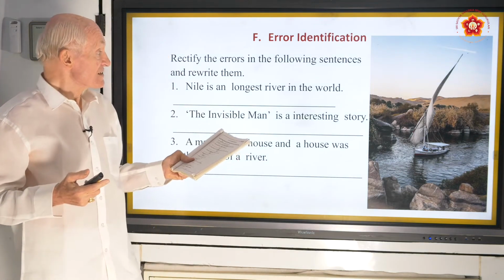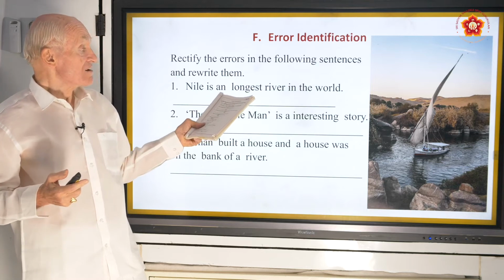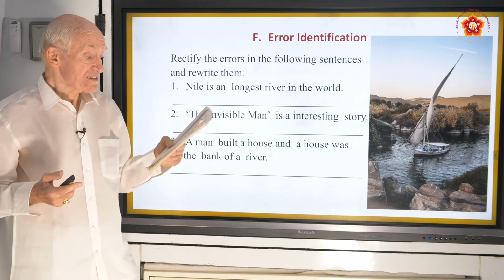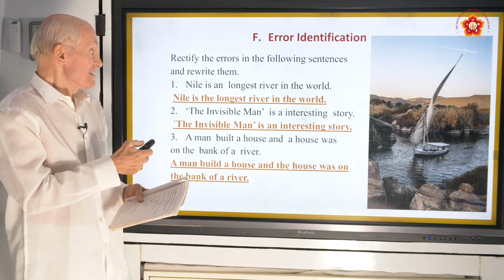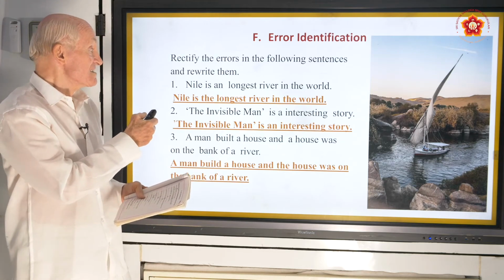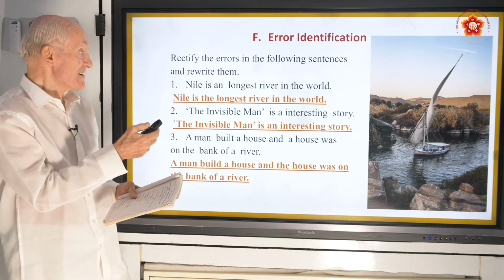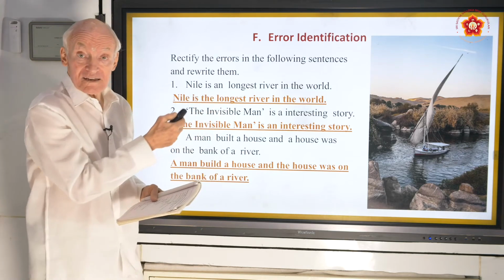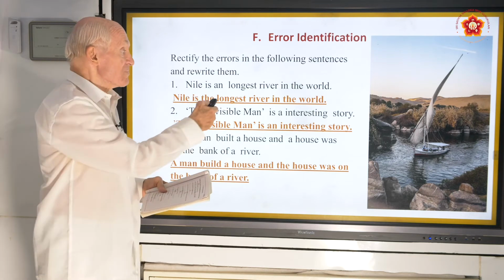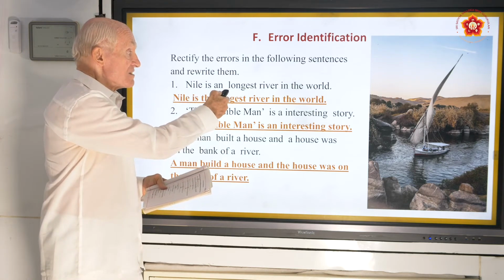But they've made a mistake here. "Nile is an longest river," that's not the correct word. Let's see what the correct word is. Nile is the longest. Why? Longest. L is a consonant, but it sounds like longest.